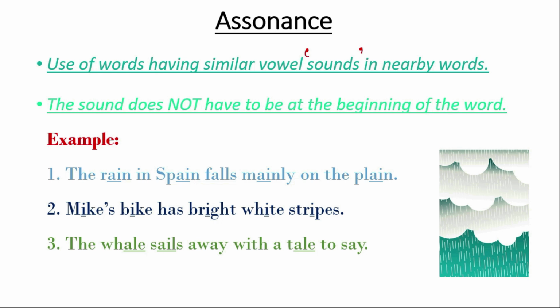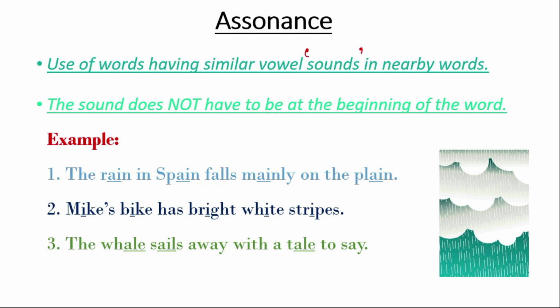But in a sentence, many of the words have a similar vowel sound. So what are the vowel sounds? A, E, I, O, U, or the sounds eh, I, oh, or. These are the vowel sounds. So that is called assonance, where vowel sounds are repeated in the words in a sentence.